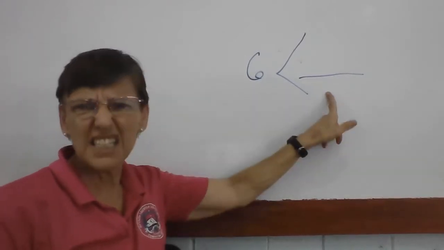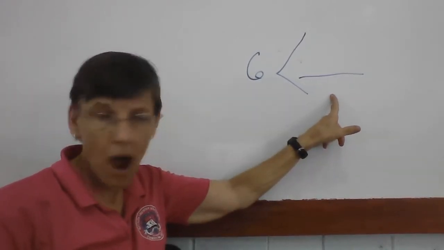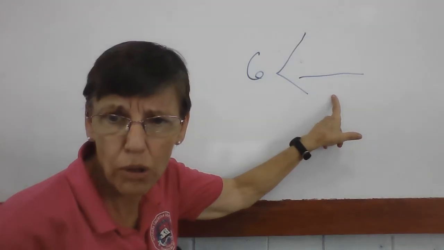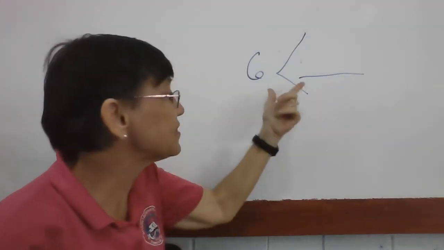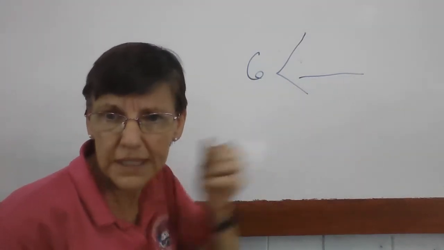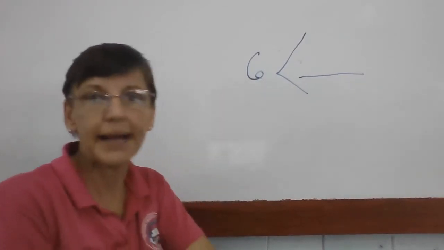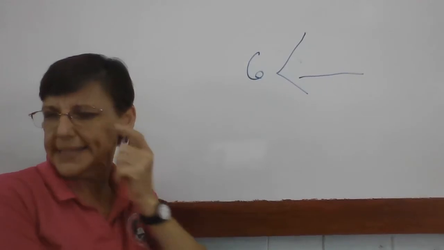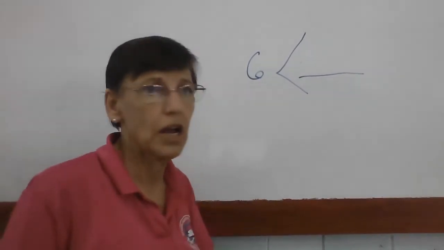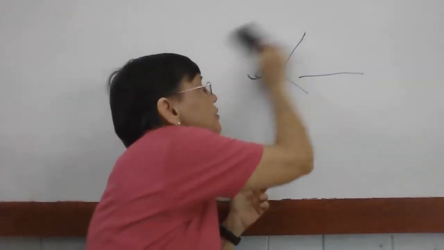Or does this say it's smaller than 6? Is that the sign for smaller or bigger? If this says smaller, what's the number that's smaller than 6? 5, 4, 3, 2. I'm not going to tell you, because I need to see how smart you are. See if you remember your arrows, okay? Easy stuff.